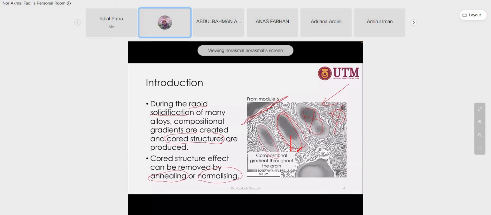For example, there are two phases, phase alpha and beta in the lamellar structure. So either this alpha phase or beta phase, you need to obtain information on which phase has the lowest melting point. Then you should choose that as a reference, where you need to ensure that your heat treatment process is conducted at a temperature below the lowest melting temperature of the phases present in your alloy.